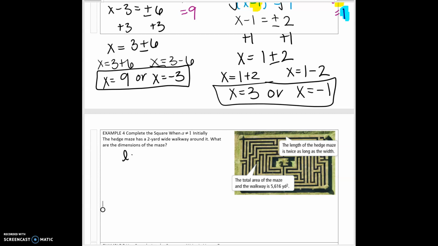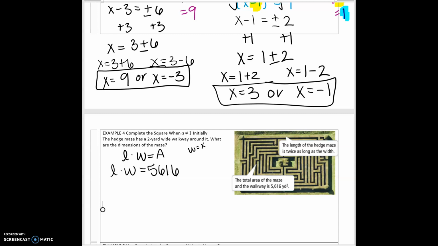Well, it gave us the area, and we know that length times width would be the area. So we know that length times width is going to equal 5,616. And it tells us the length is twice as long as the width. So we're going to say the width equals x.